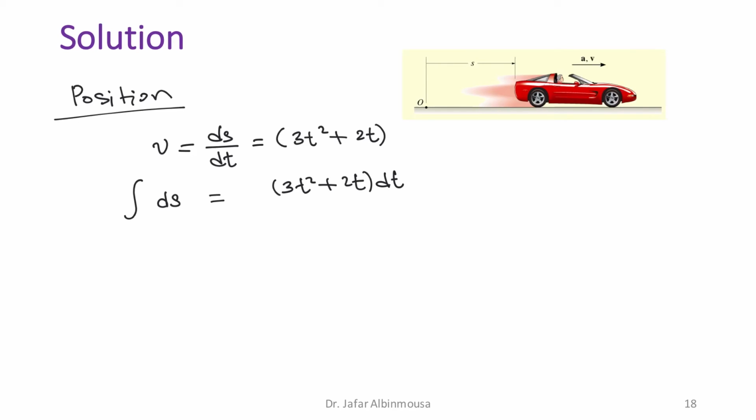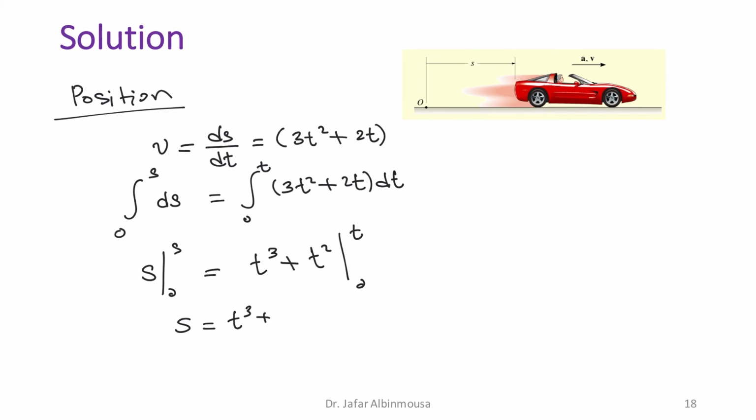And then we can integrate from 0 to s, and here we integrate from 0 to t. And for that, we are going to get s from 0 to s is equal to t cubed plus t squared from 0 to time t. So if we do the substitution, we will get s equals t cubed plus t squared.